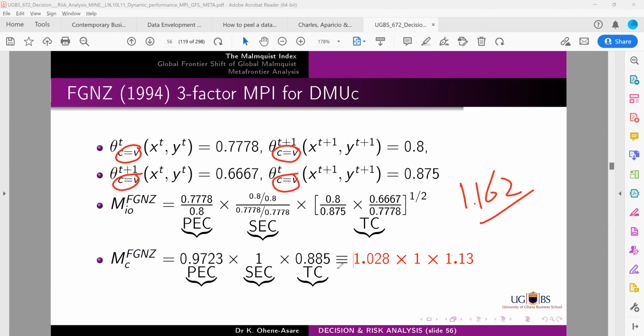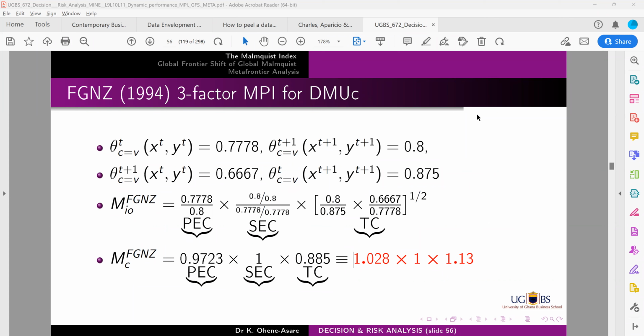Now let's go to another 3-factor decomposition, which was to correct the anomaly in Fare, Grosskopf, Norris, and Zhang. Remember, I told you that even though they did bring the CRS and VRS into the efficiency change, they maintained the CRS alone in the technological change. So how do we handle that situation?